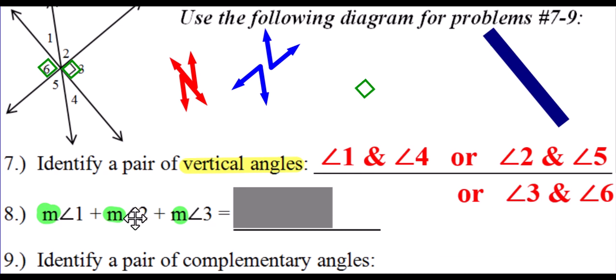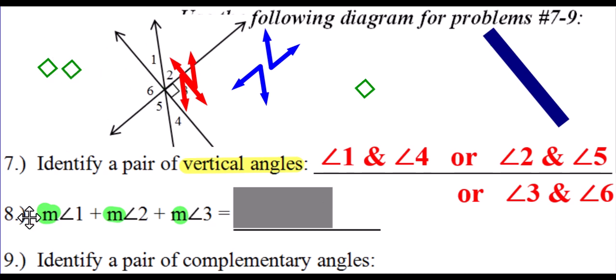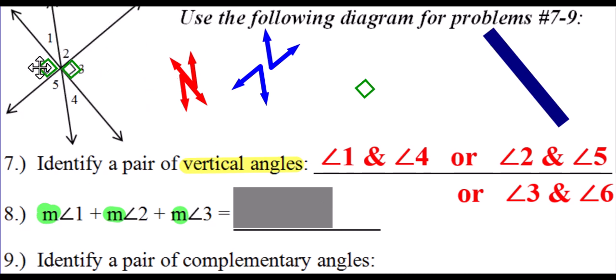All right, problem number 8. The measure of angle 1 and the measure of angle 2 and the measure of angle 3, if I add them together, what will they equal? Well, let's think about this. Here we have angle 1. Here we have angle 2, and then we have angle 3.